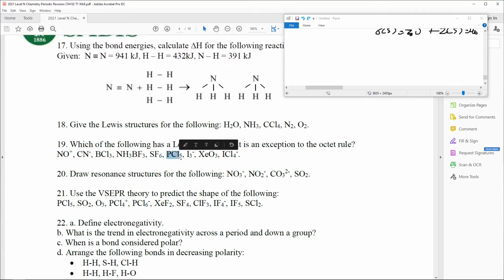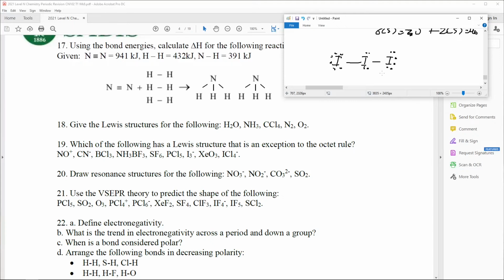Phosphorus compounds can do this, sulfur compounds can do this, and the I3 minus, if you do the same thing, you notice that there's something off with it. If you do it normally, like this, for example, and count, each I has group 7, so 7 electrons times 3, that gives 21.